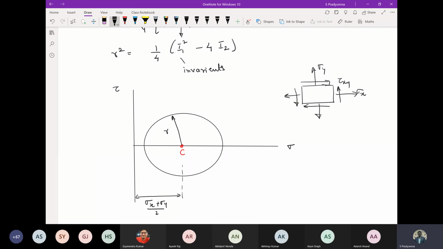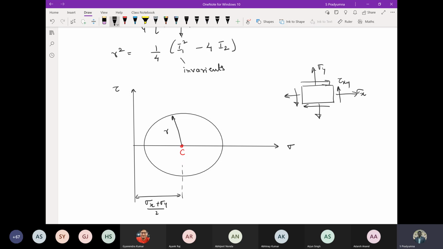Now if you look at the horizontal sigma axis, every point on this axis will be a principal direction, because the value of shear stress is equal to 0 over there. So now I would like to find out the given state of stress.